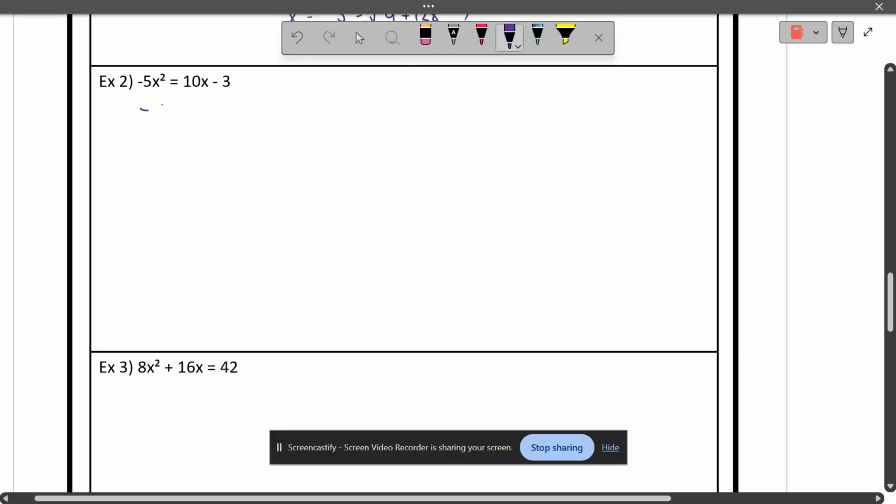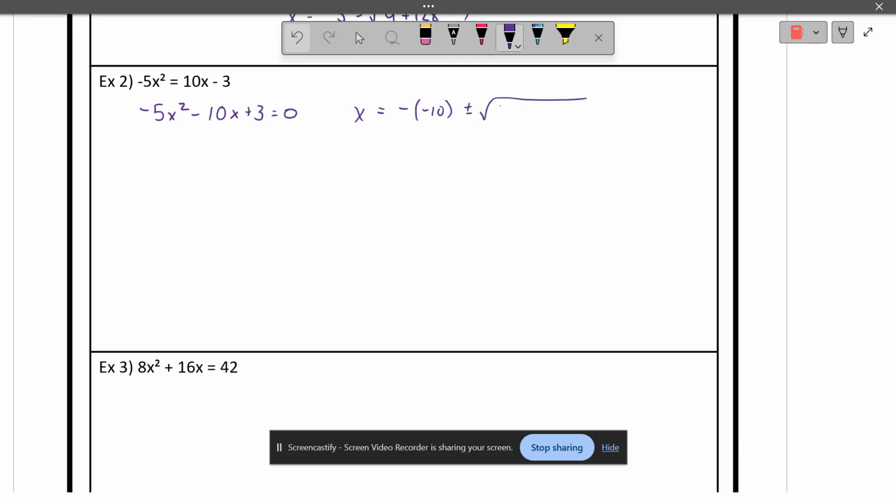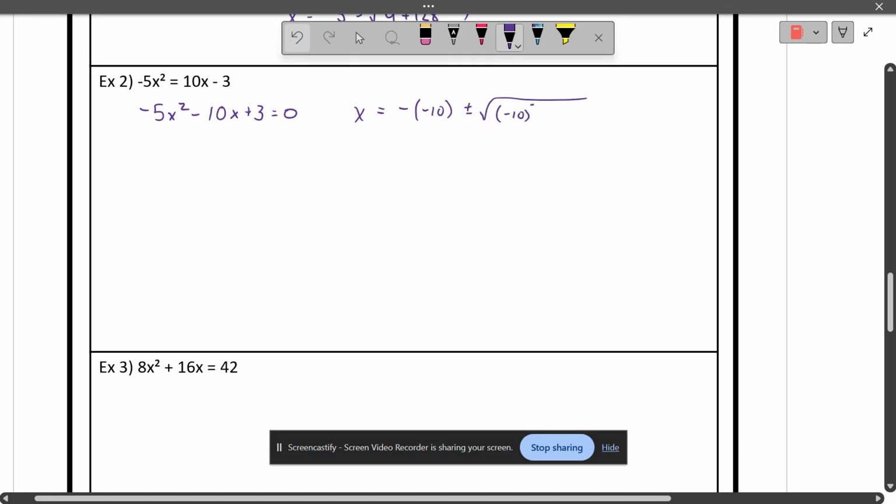Let's rewrite this. So negative 5x squared minus 10x plus 3 equals 0. So x is equal to negative 10 plus or minus the square root of negative 10 squared minus 4 times negative 5 times 3, all over 2 times negative 5.